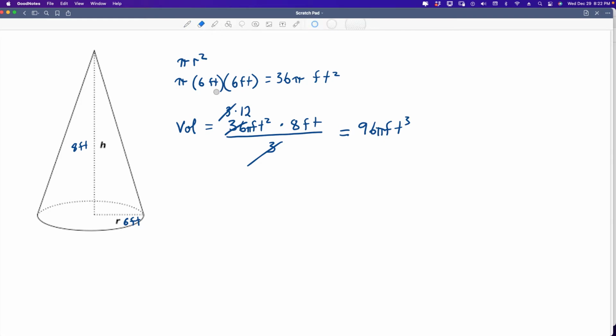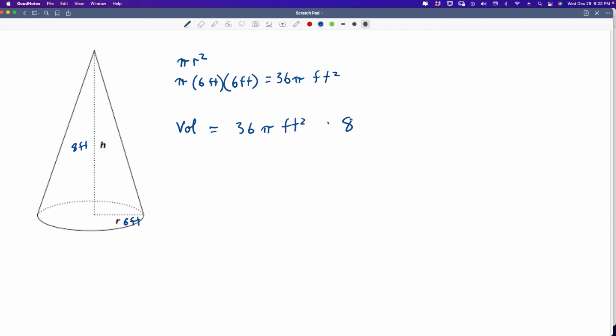Let me rewrite this so that it's clearer so you can see what I did. So it was 36 pi feet squared times 8 feet divided by 3, right? So I factored the 3 out of here. I said this is 3 times 12.